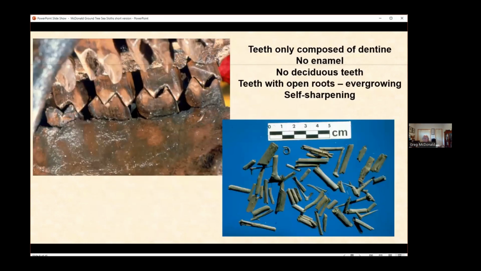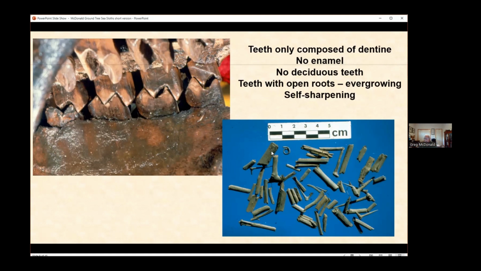And of course, other distinctive features of the sloth is the teeth have no enamel. Of course, that's also true of Xenarthrans in general, as most of you know. They have no deciduous teeth, so they get one set of teeth that are ever-growing, and you can see the way they intersect here. They're self-sharpening. So you get one set of teeth. They grow throughout the life of the animal. And if you look at some specimens that have been collected from tar pits, they actually found twigs preserved in the mouth.